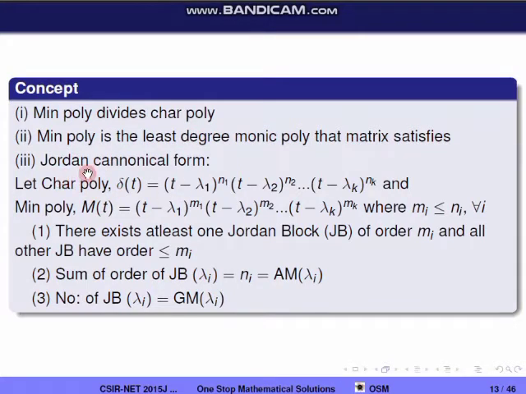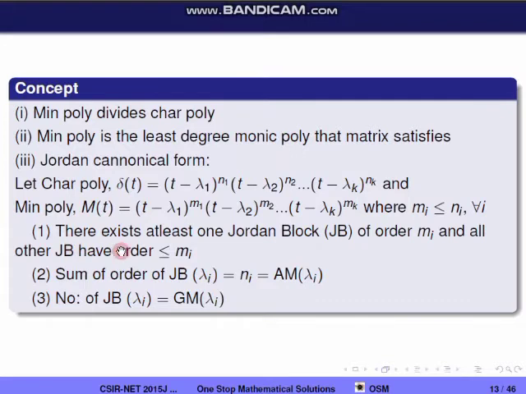Now we'll see what is Jordan canonical form. Characteristic polynomial delta of t is given by (t minus lambda 1) whole power n1, (t minus lambda 2) whole power n2, etc. up to (t minus lambda k) whole power nk. And minimal polynomial m of t is equal to (t minus lambda 1) whole power m1, (t minus lambda 2) whole power m2, etc. up to (t minus lambda k) whole power mk, where mi less than or equal to ni for each i.